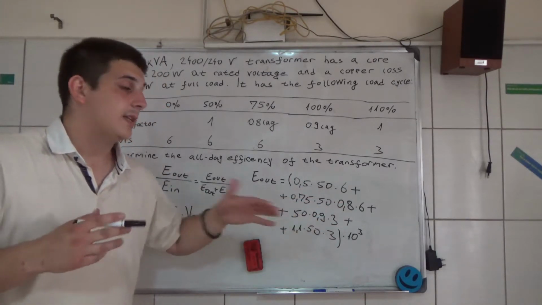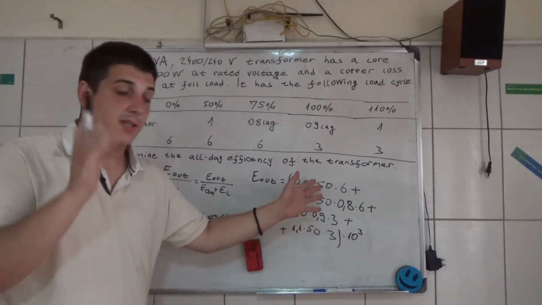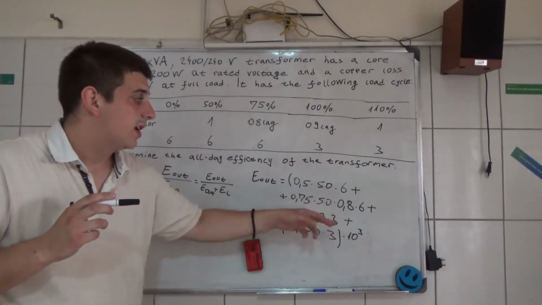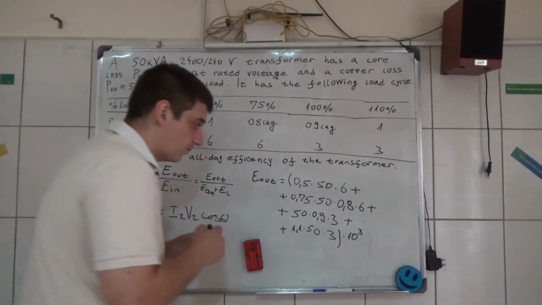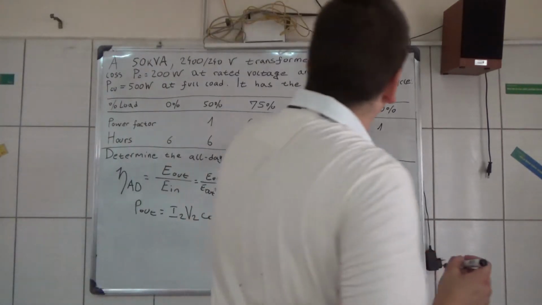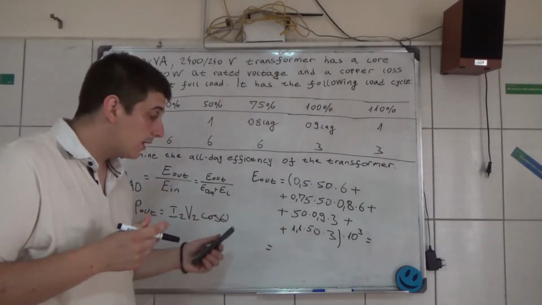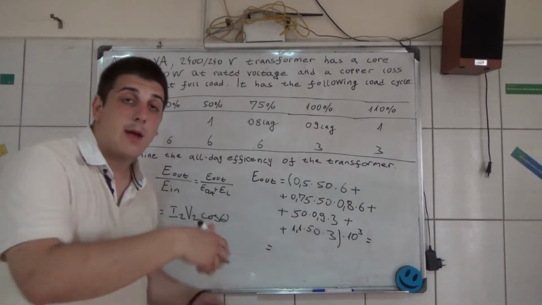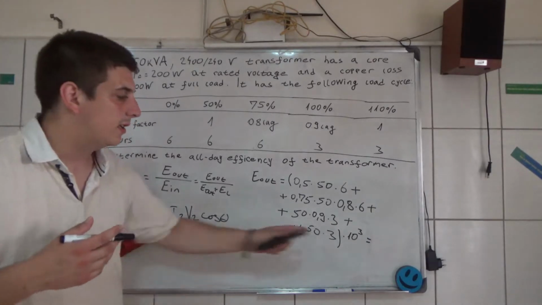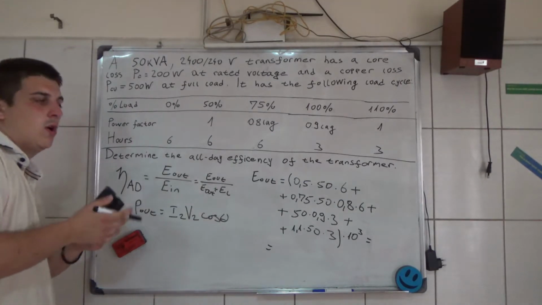If you multiply everything in this bracket with 10 to the third, it goes on this, this, this, and this. Now I'm going to calculate everything here, and then multiply this with 10 to the third, or I'm just going to write kilo. But I just want you to know what is going on here.